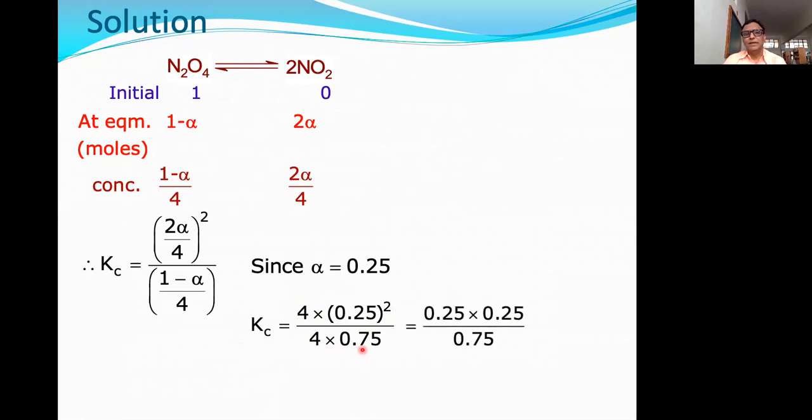So you will get the answer as 0.25 into 0.25. Here you can cancel 4 and 4. So what is remaining? 0.25 into 0.25 divided by 0.75. That is 1 upon 12. So the answer is D, 1 upon 12. Is it clear?